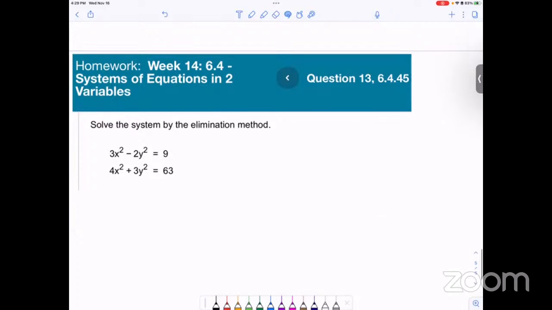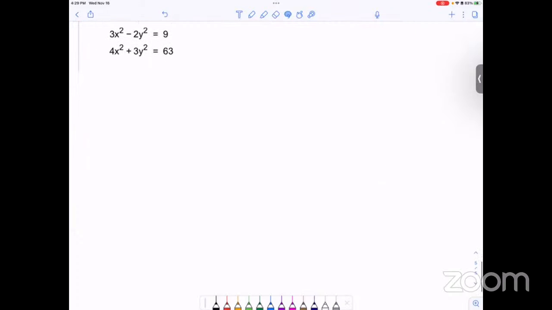All right, so we can use elimination. I think I'm going to use the linearizing substitution. It's basically a substitution method. I usually call it u substitution. So I would say let u equal x squared, and let v equal y squared.